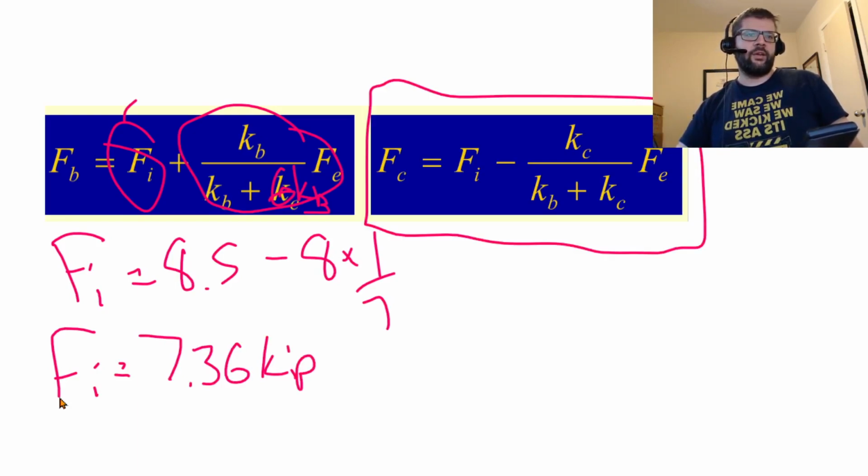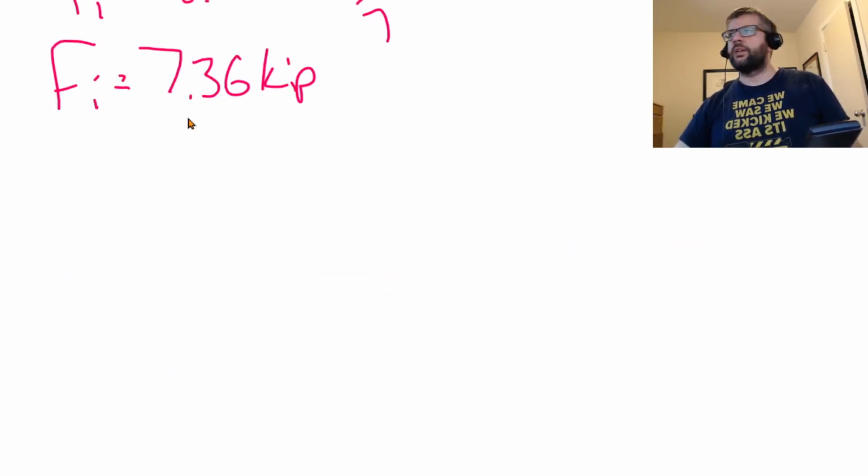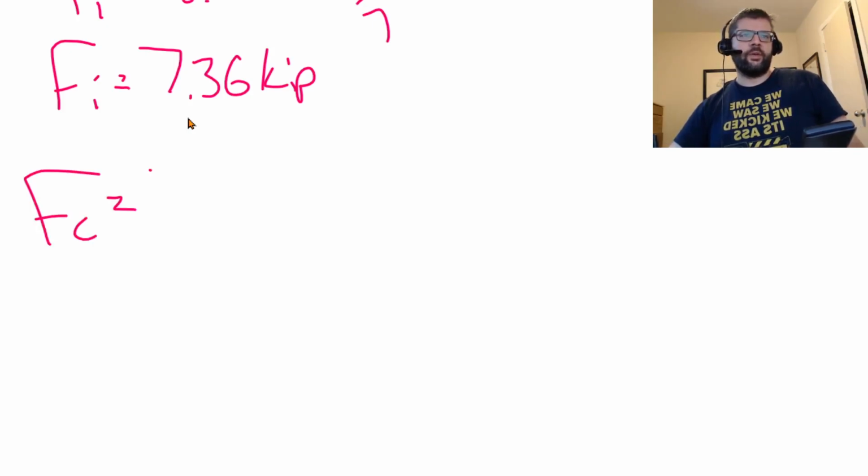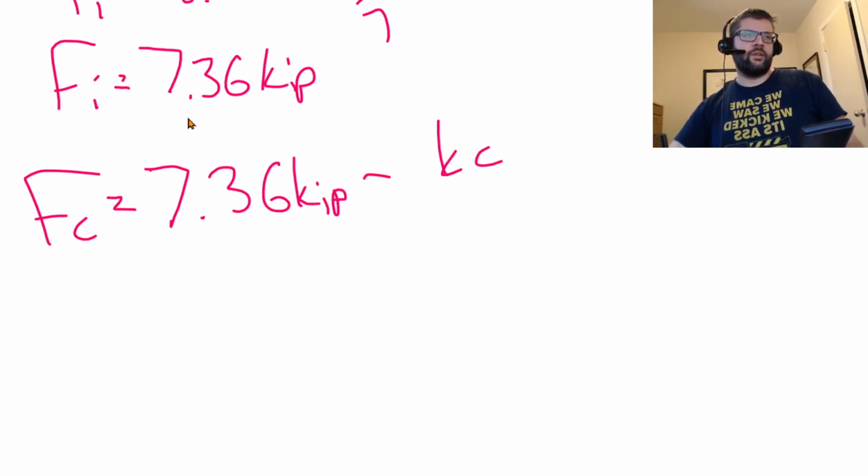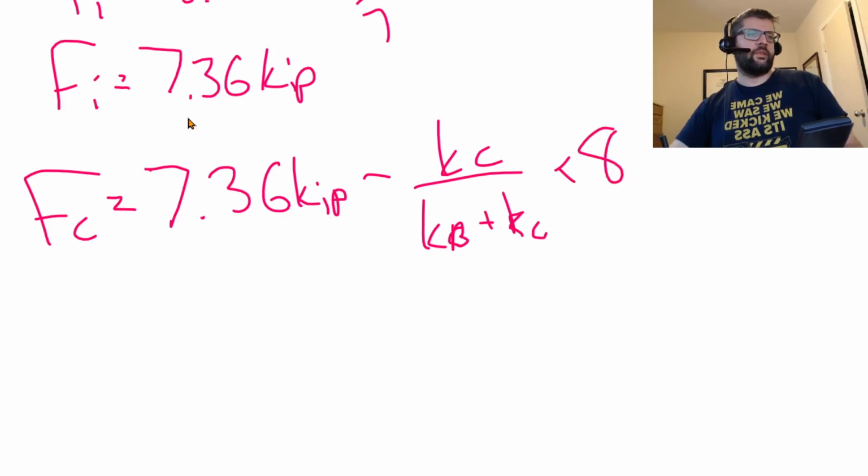So for that condition, we can figure out what our Fc would be. Our Fc is equal to Fi, 7.36 kips, minus Kc over Kb plus Kc times 8 kips for our Fe load.